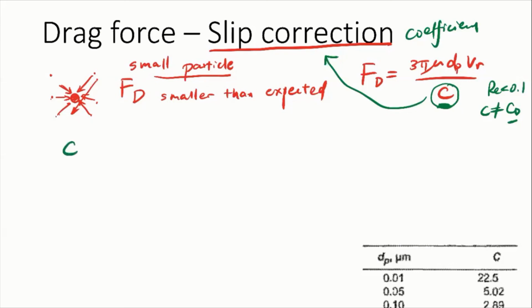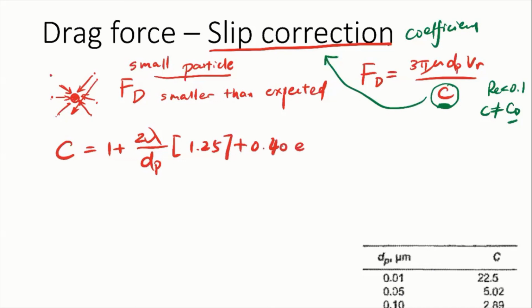Actually, C, you can calculate that with the equation. C is calculated by 1 plus 2 lambda over dp, times a long term with 0.257.